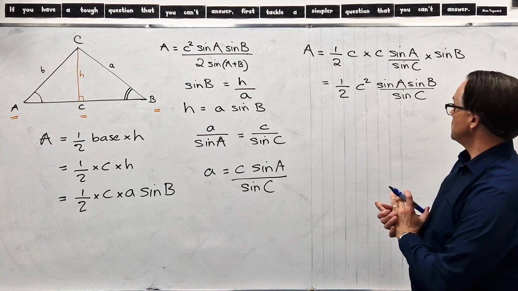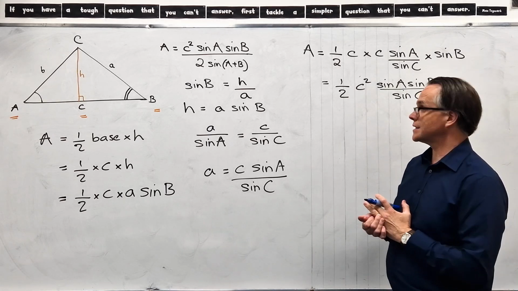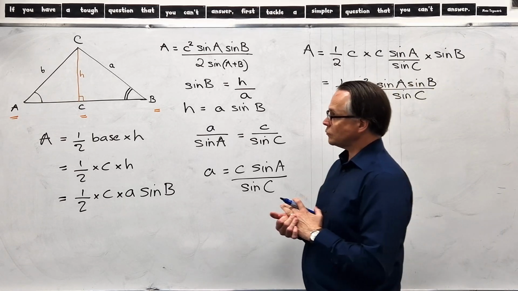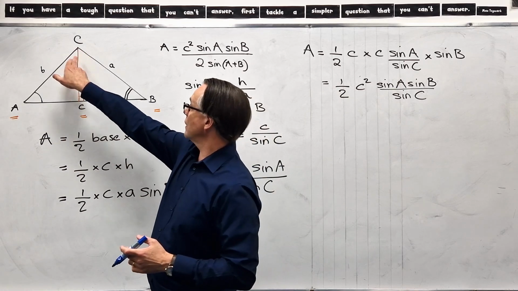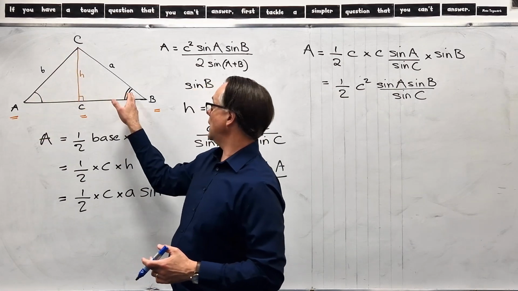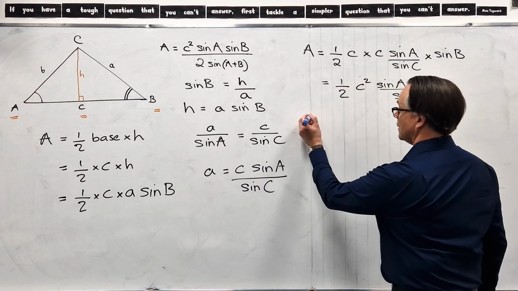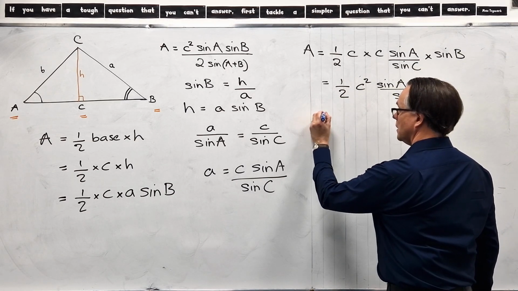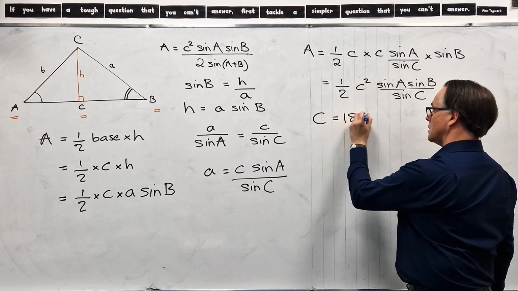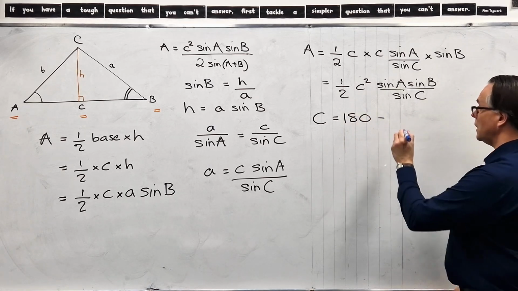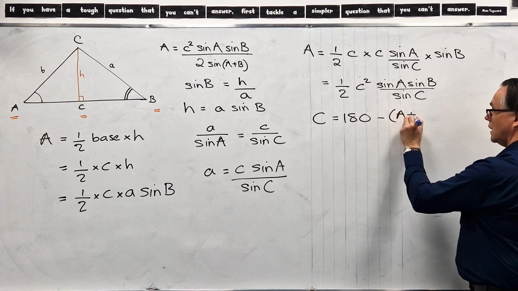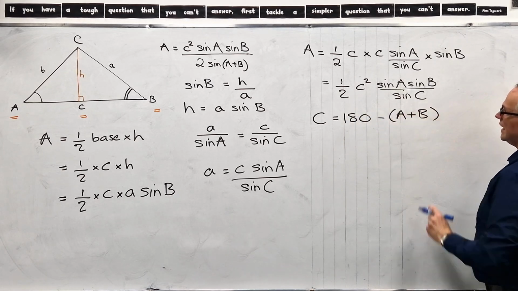But there's a bit of a trick we can use with sine C, because we know that angle C, when you add it to angle A and angle B, makes 180 degrees. So angle C is 180 minus (A plus B).